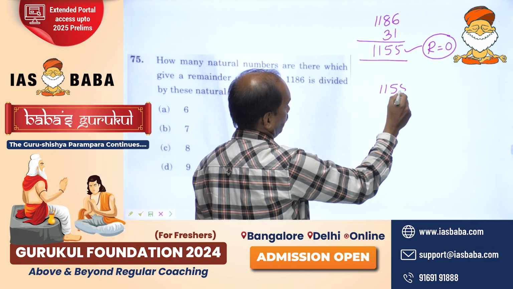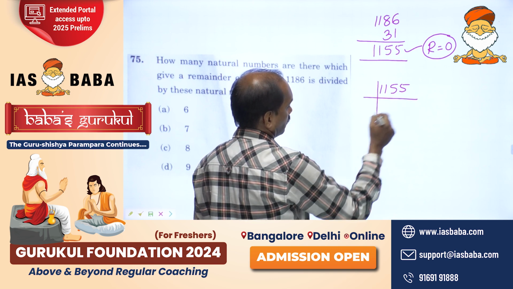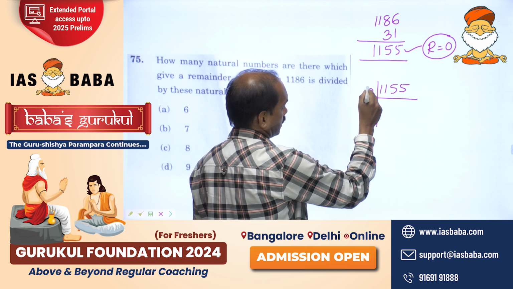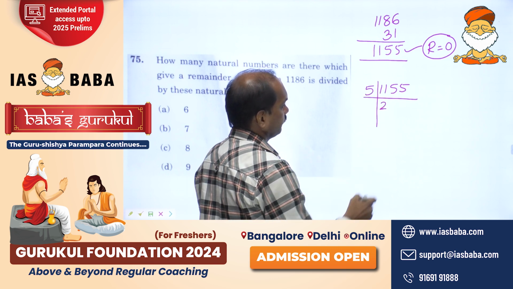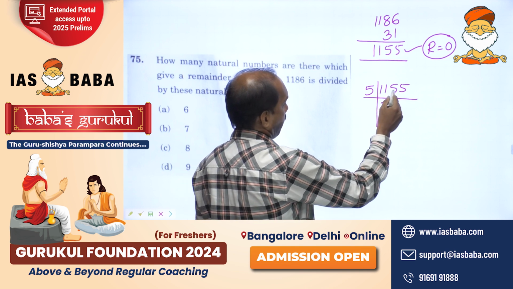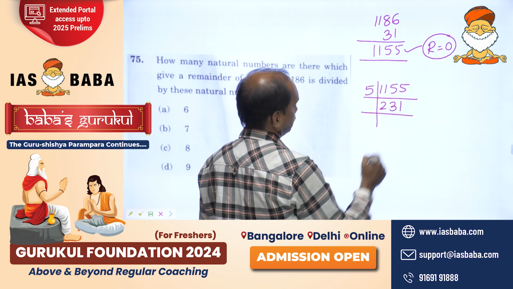Double 1, double 5. Start with 5, 5 2s are 10, 5 3s are 15, 5 1s are 5.